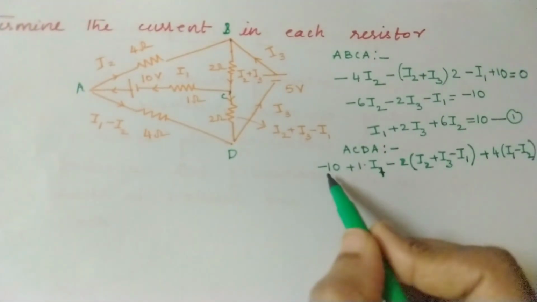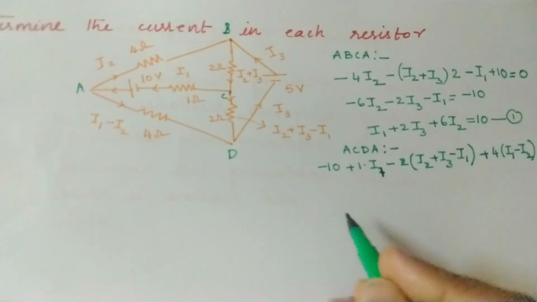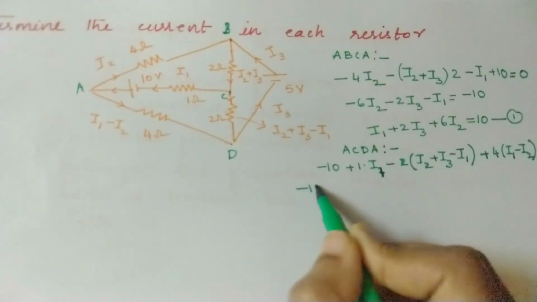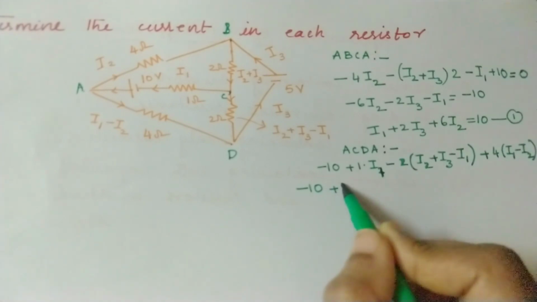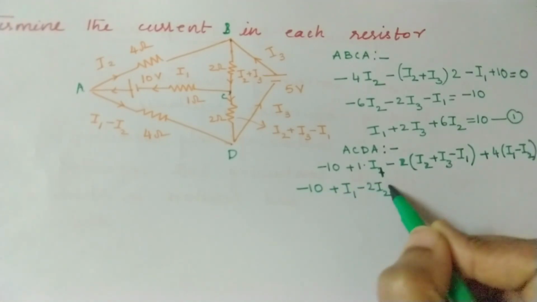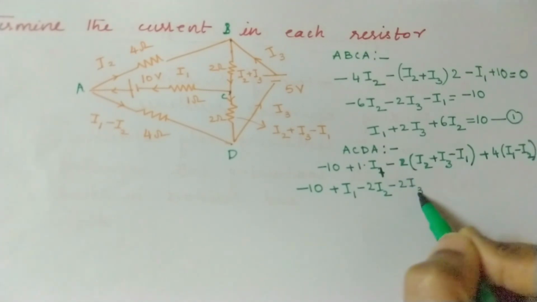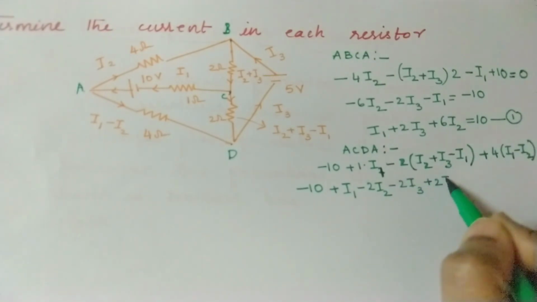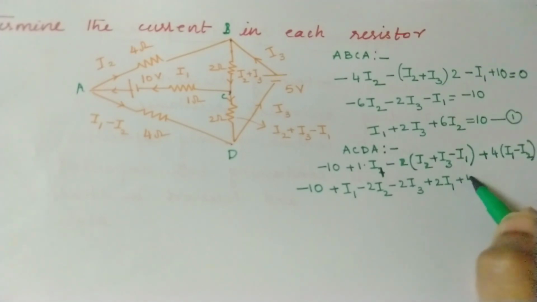Okay, now again simplify this relation. When you simplify it, minus 10 plus I1 minus 2I2 minus 2I3 plus 2I1 plus 4I1 minus 4I2 equals 0.